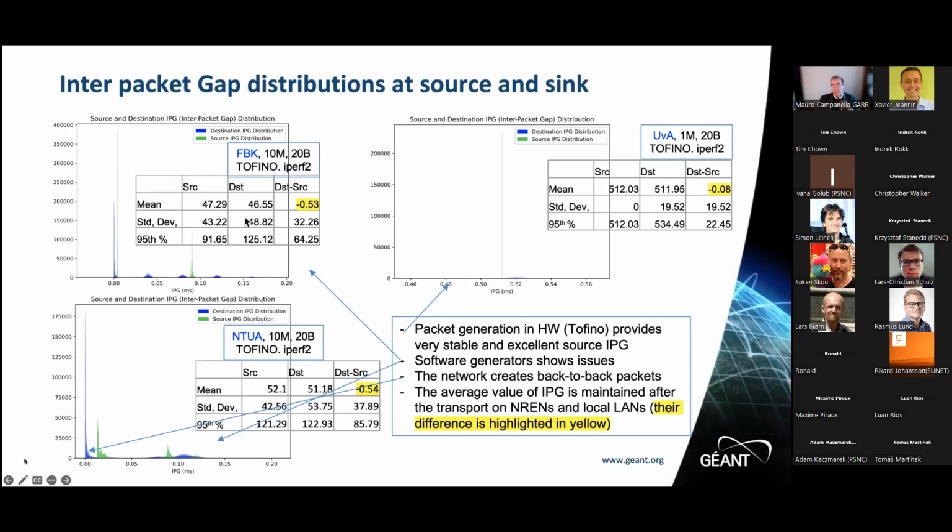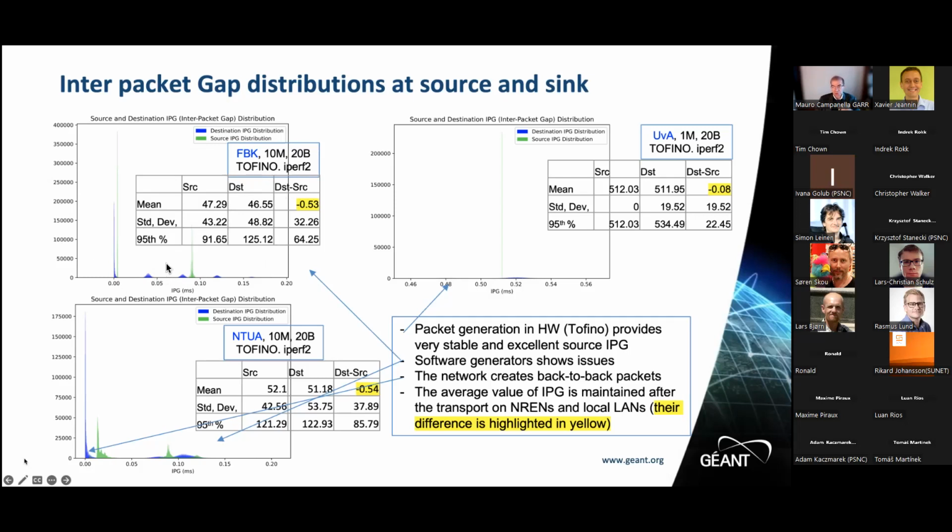If you look at the interpacket gap distribution between the source in green and the destination in blue, you can see that already at the source, which is in software, in this case Italy, in iPerf 2, you start having 2 peaks, or even more than 2.